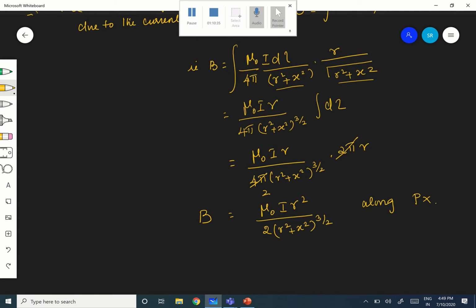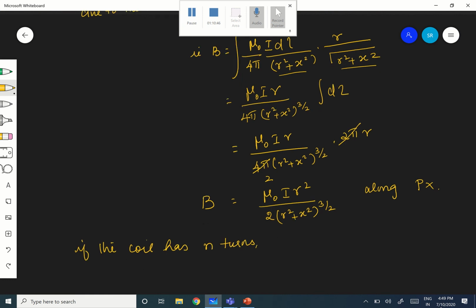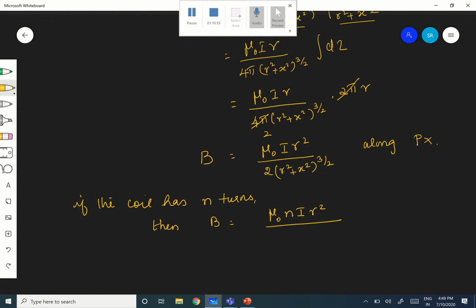If the coil has n turns, then B is equal to mu naught n I r squared divided by 2 into r square plus x square, the whole power 3 by 2. Direction along positive x. So this is a very important relation. This is for single turn, and this is for n turns.